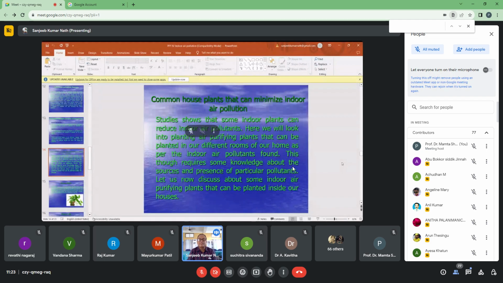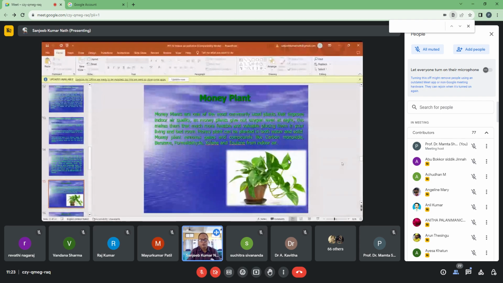Let us now discuss some of the indoor air purifying plants that can be planted inside our home and thus minimize the indoor air pollution. So the very first is the money plant. Very common, you know very well. Money plants are one of the most commonly used plants that improve indoor air quality, as money plants can give out oxygen even at night.